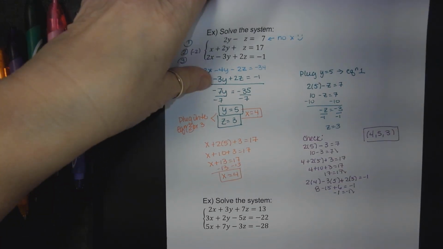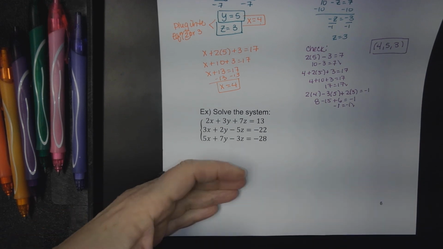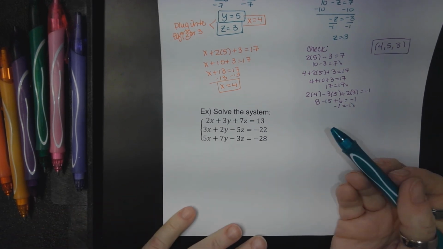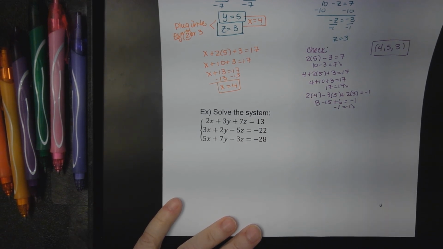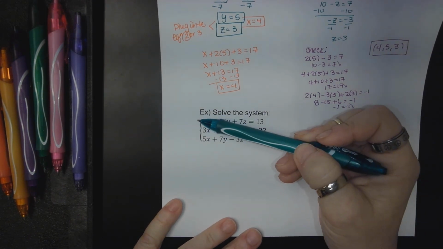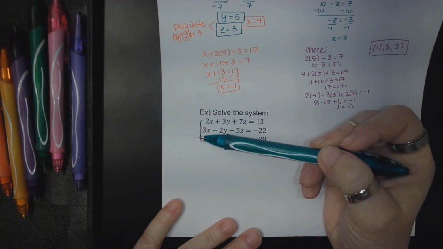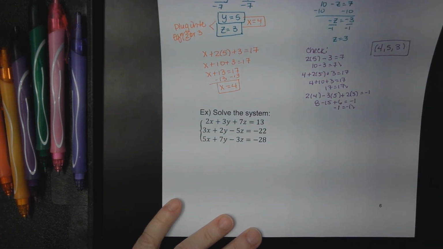Last one. Scoot up some. So the first thing that we're going to do is we're going to eliminate a variable. Out of all of these, I eliminated the x because you can multiply this by 3 and this by -2, and that's going to be the smallest numbers to deal with.